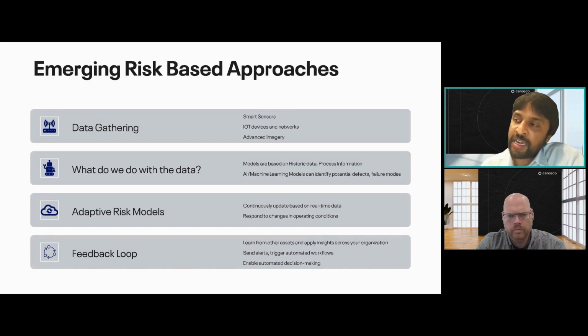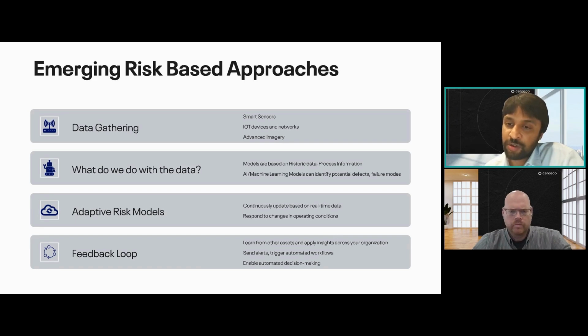So the human can take ownership of what the decision is as well, but the tools and the models will drive that process much more efficiently and much more quickly. Also sending alerts, triggers, automating workflows. If you have a certain result, certain criticality, this should be the next workflow as a follow-up.